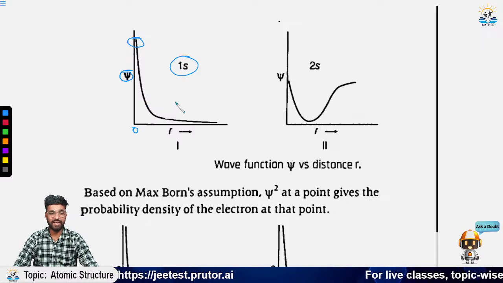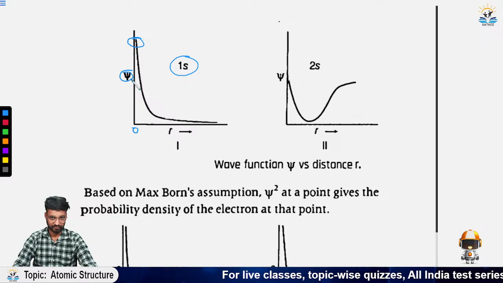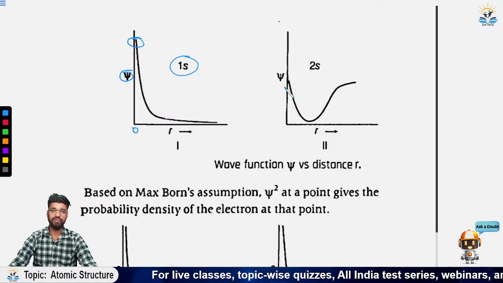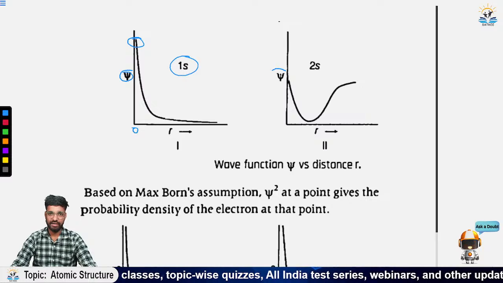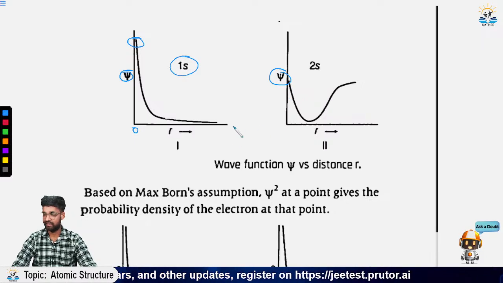But according to this diagram, the nucleus is containing the maximum number of electrons. Similarly, the diagram here has the same difficulty that we have with the 1s. It has the maximum number of electrons near the nucleus, which is physically insignificant.